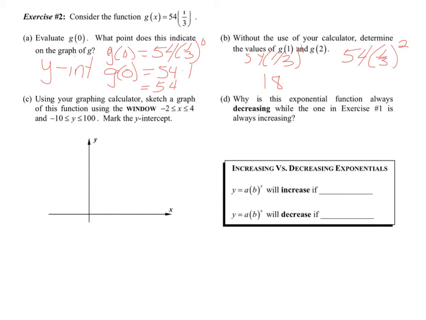You can use your calculator to do 1/3 raised to the second power, or you can say, all right, 54 times 1 squared is 1, 3 squared is 9. So we distribute that square into both the numerator and the denominator, and 54 times 1/9 will give me 6.